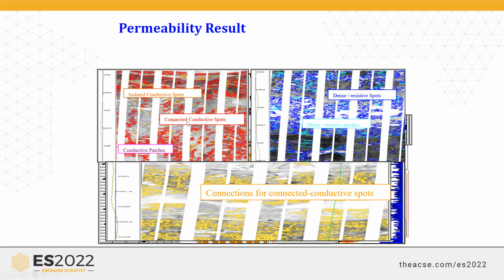Based on the connected conductive spots, which are connected together, we can compute the connection for connected conductive spots and derive permeability.